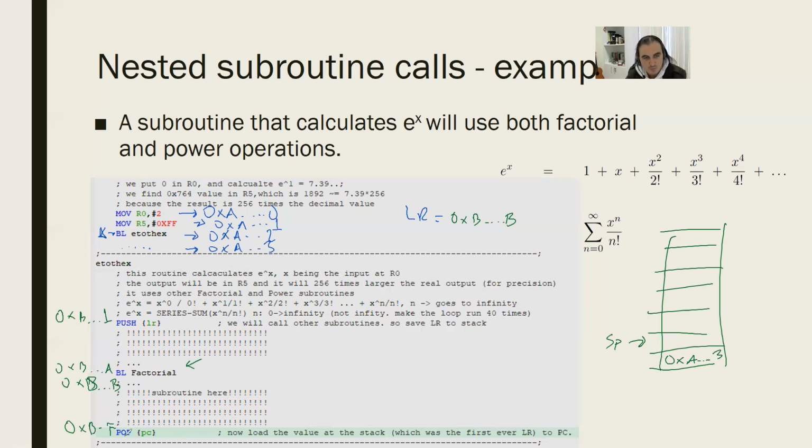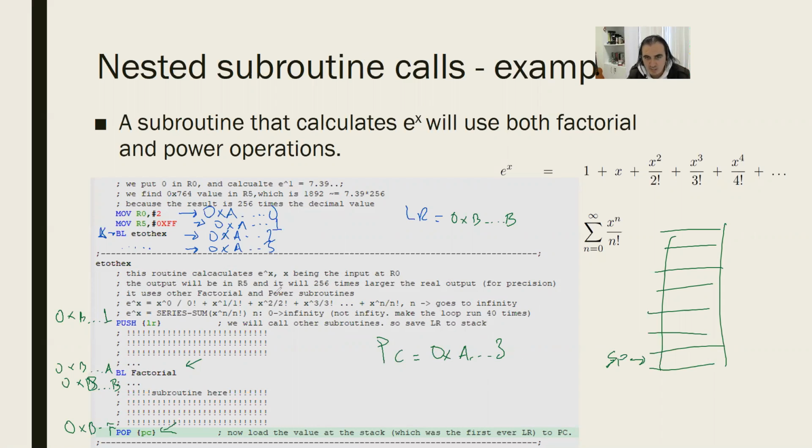So when I execute this line, the PC value becomes the value inside the stack, which is 3, and the stack pointer continues to point here.